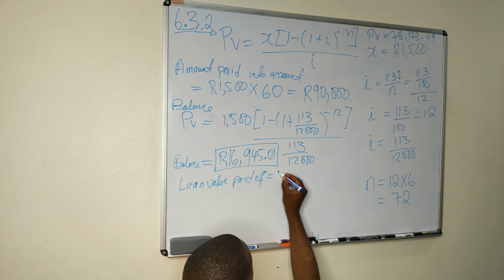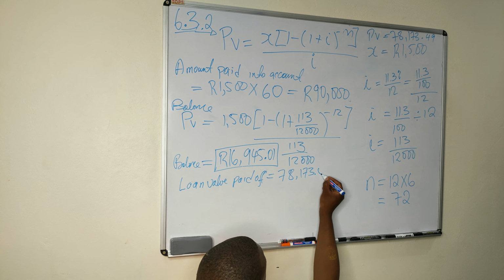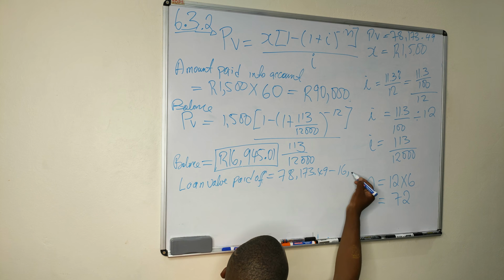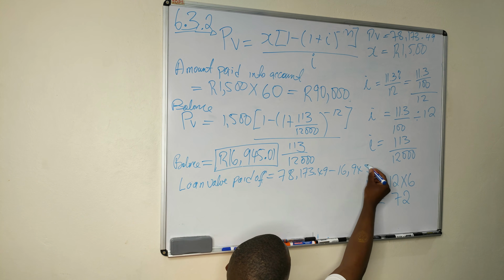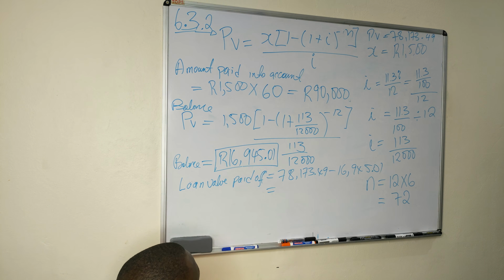It will be 78,173.49 minus 16,945.01, which is equal to 78,173.49 minus that.